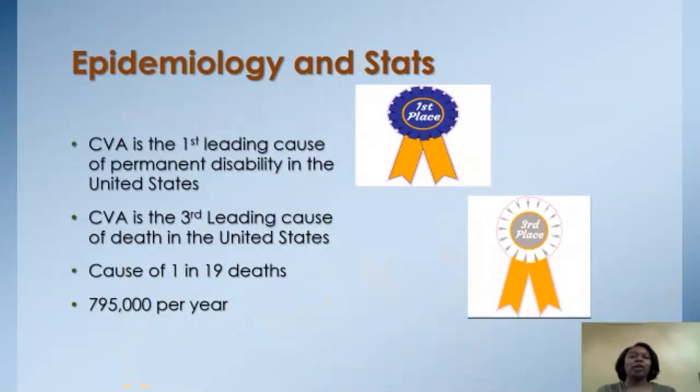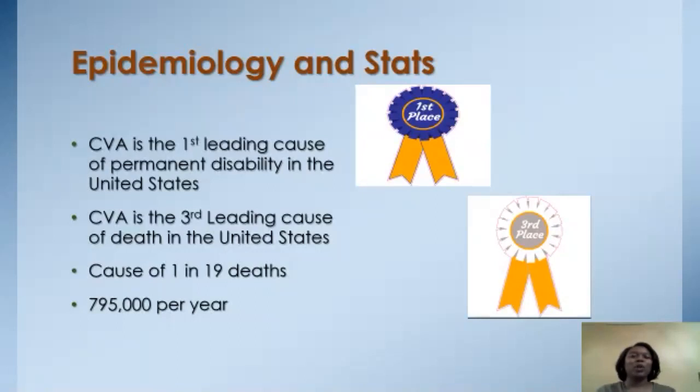CVAs are the cause of 1 in 19 deaths, which place them at number 3 for leading causes of deaths in the U.S. And strokes rank number 1 for permanent disabilities in Americans.